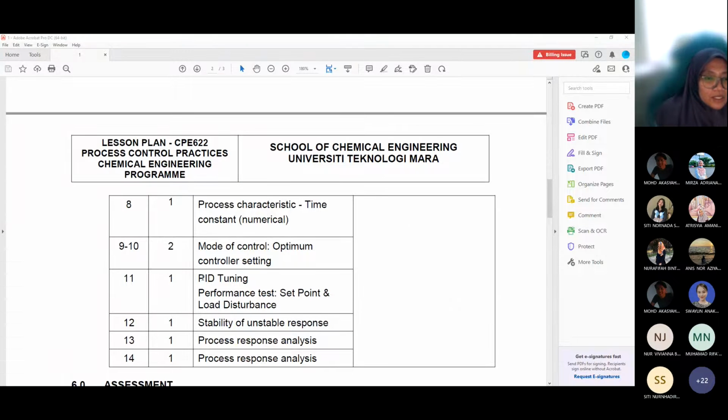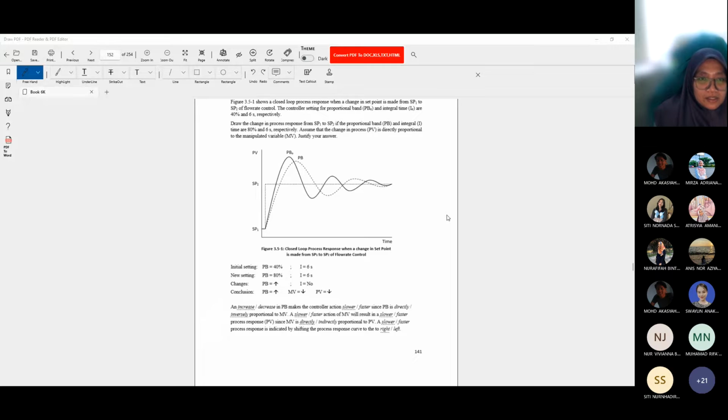Okay, so for this week, I already teach you on the PID tuning, which is hari tu pun kita dah belajar berkenaan performance test yang kita buat tuning rules tu kan. Yang tu daripada optimum control setting. For today pun kita dah try to do a tuning based on the P, I and D. And we see the effect of process response. So up to here lah kita dah cover. Okay. Okay. So ada masa lagi ni. Wait let me share back. This one lah.